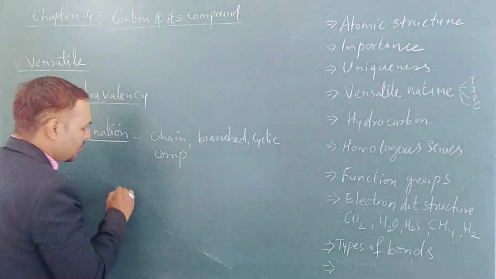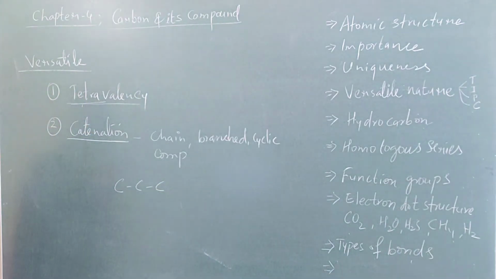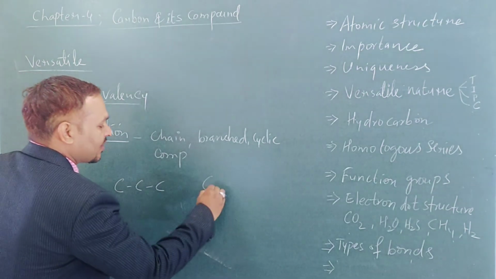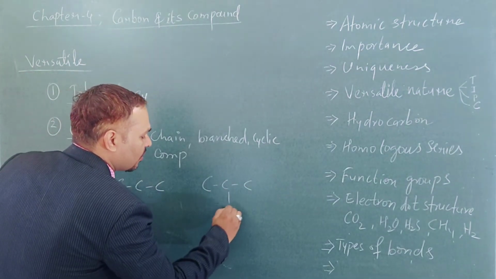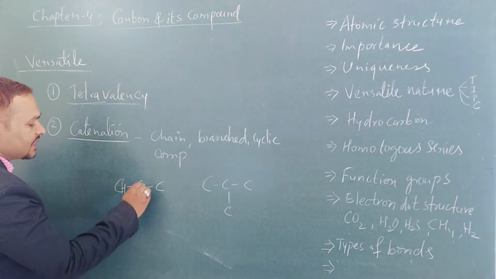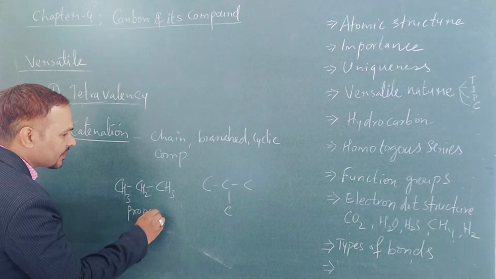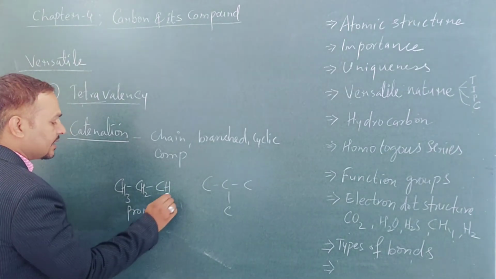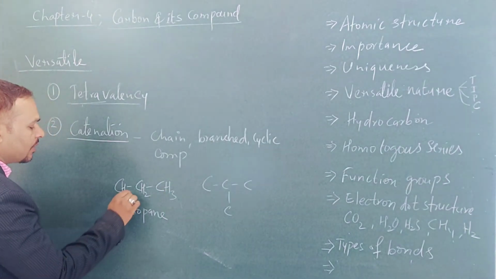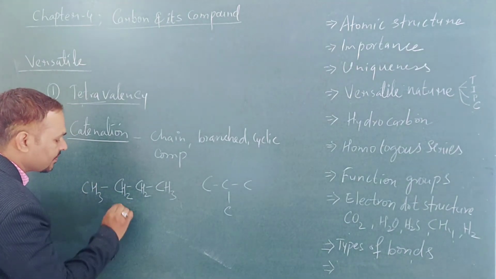Means carbon can form chains between carbon and carbon, and it can form a huge number of compounds, right? It can also form chain compounds. Here you can see, CH3, CH2, CH3, this is propane. If I take one more carbon, CH3, this is butane now.